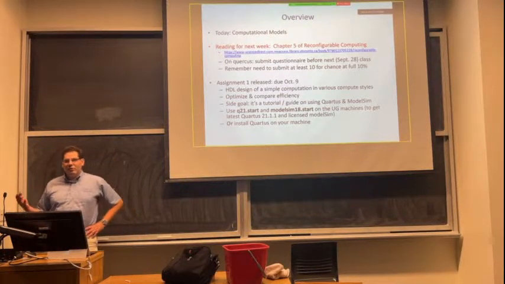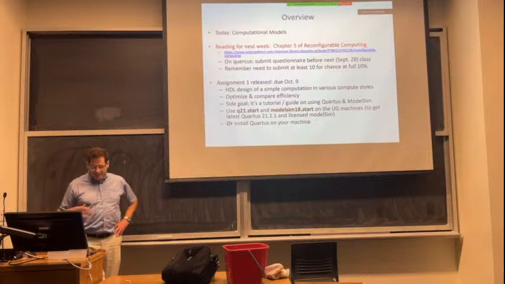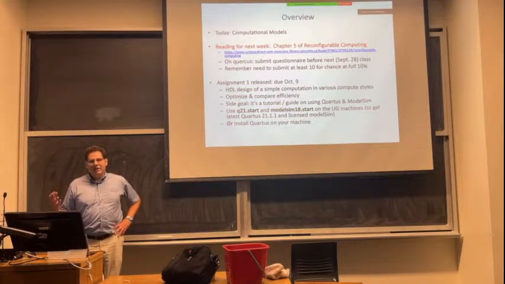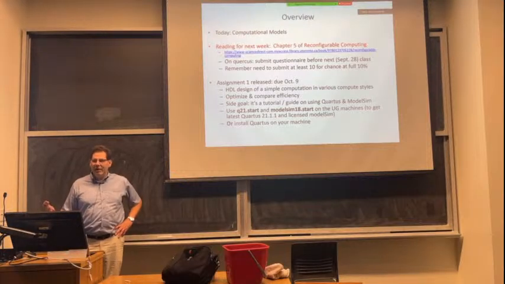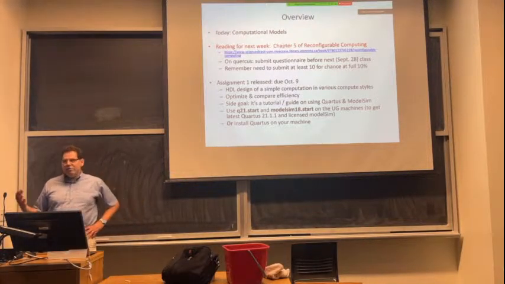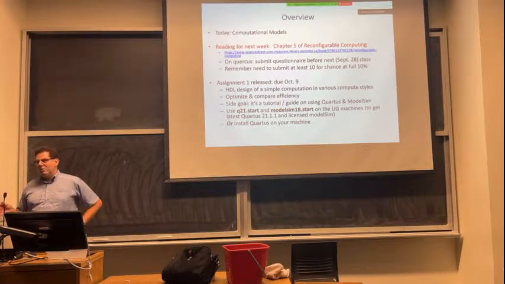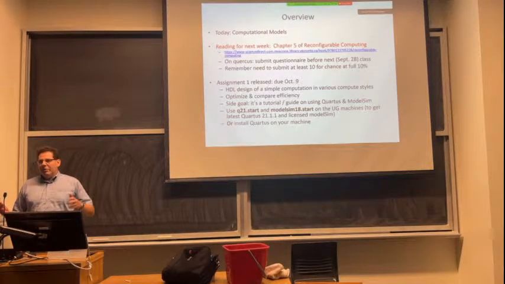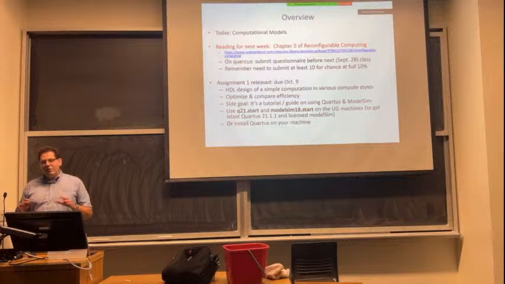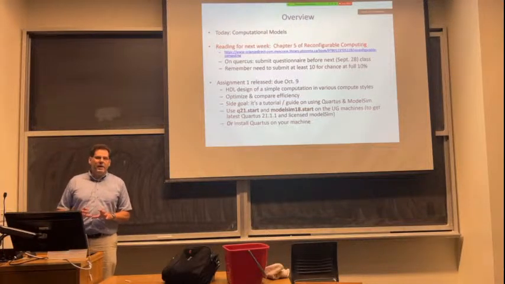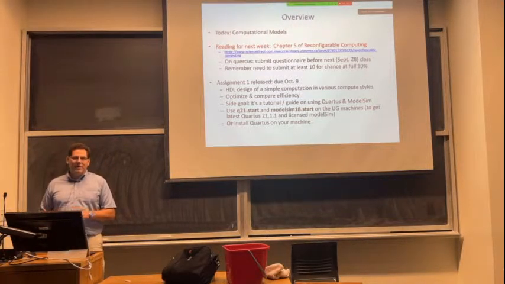Assignment 1 was released. It's due October 9th at the end of the day. It's basically about optimizing a relatively simple design and trying it in a few different computational models. So we're talking about a whole bunch of different computational models. Let's take a few of those, have you use them in this assignment, and see how efficient each one is.